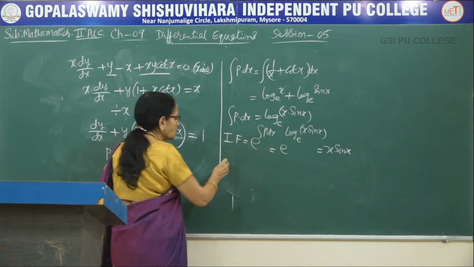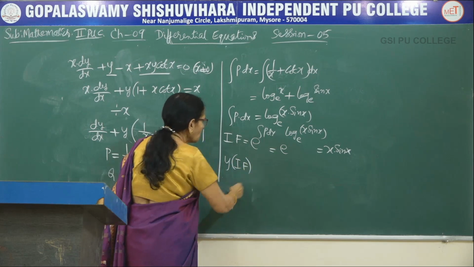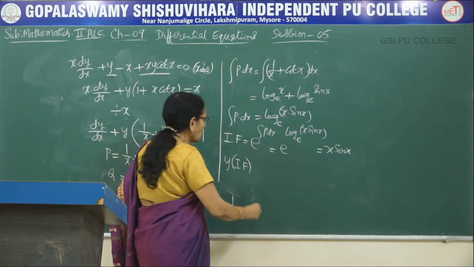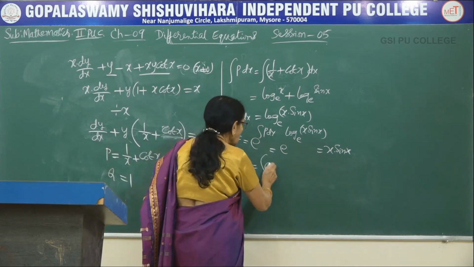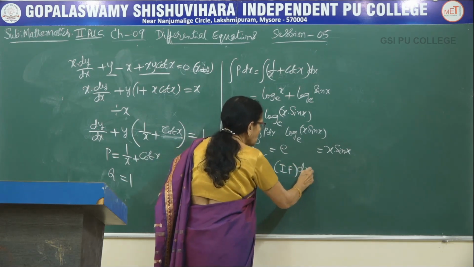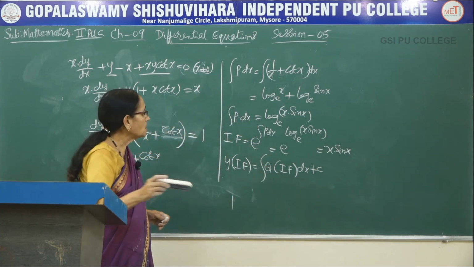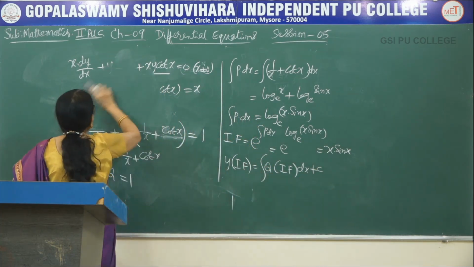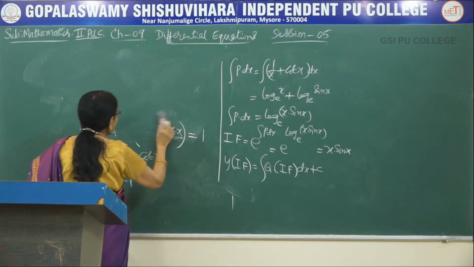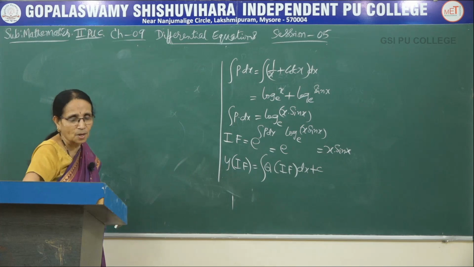Now the solution. What is the solution? You know the formula, y into the integrating factor, that is equal to integral q into the integrating factor into dx plus the constant. Now let us write the actual values of the integrating factor and do the integration of the right hand side.